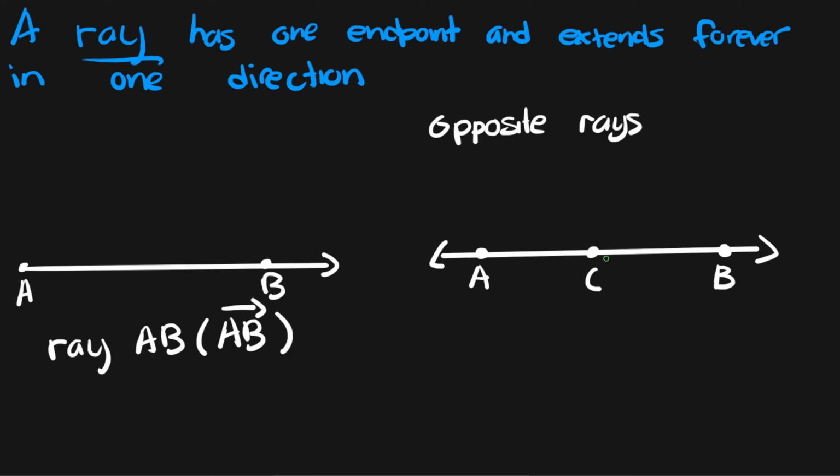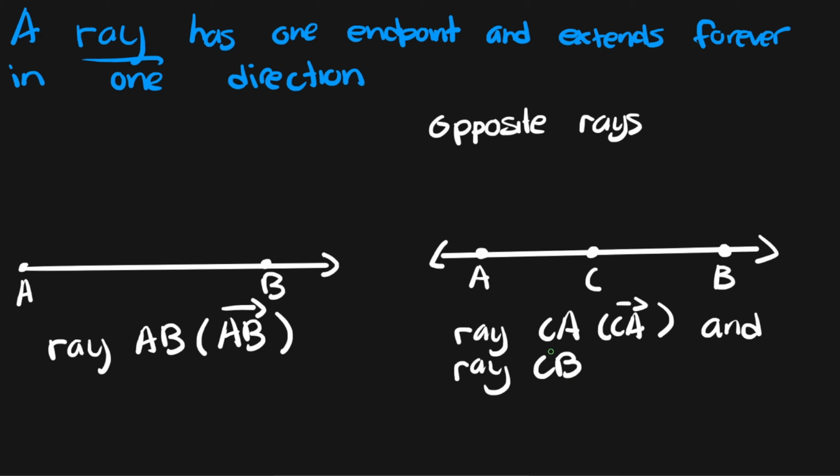So you can put ray CA starting from C and then A. And ray CB. Oops, I'm sorry.